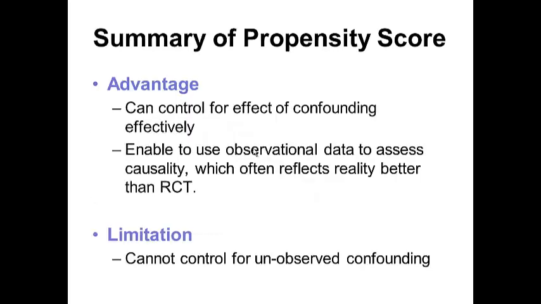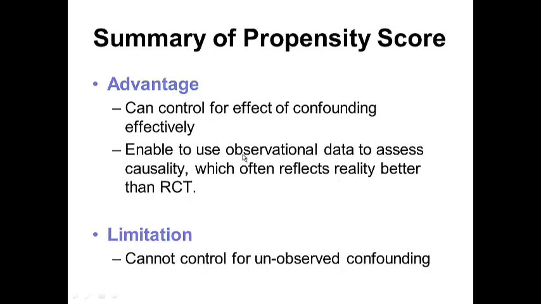Final slide. Summary of propensity score. Advantage: propensity score can control for measured confounding very effectively. You reduce the dimension of many covariates, potential confounders, into one variable.